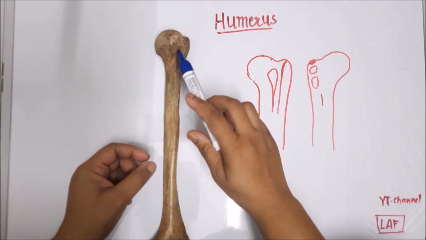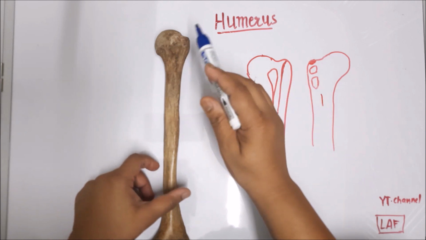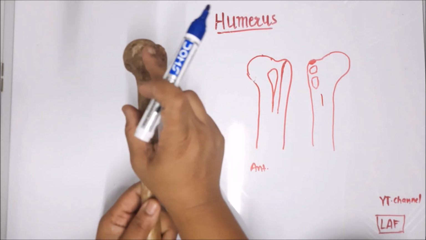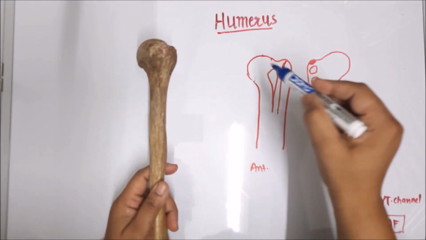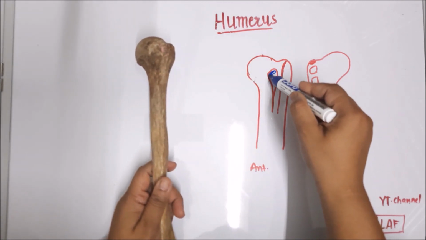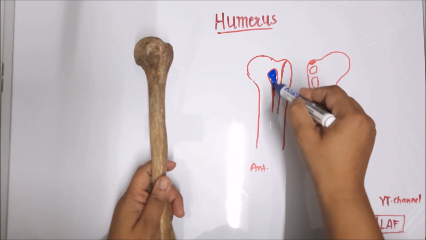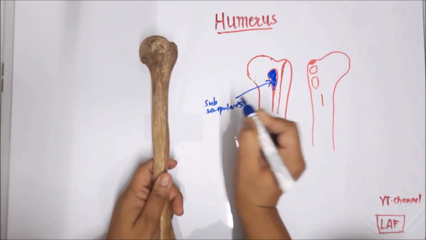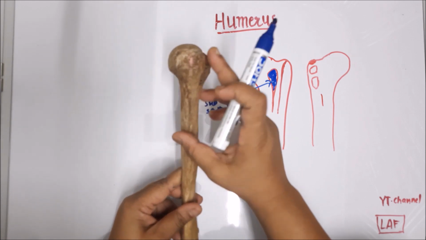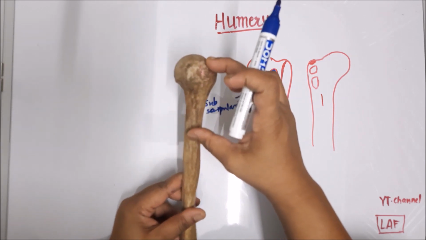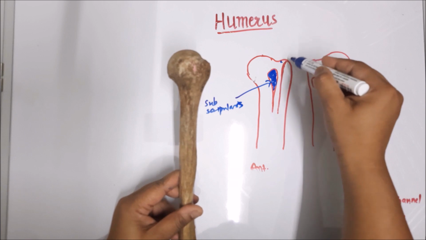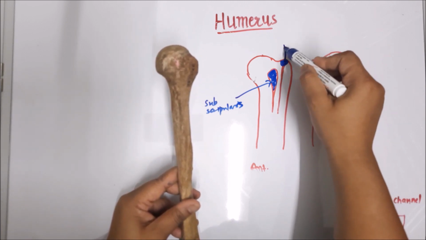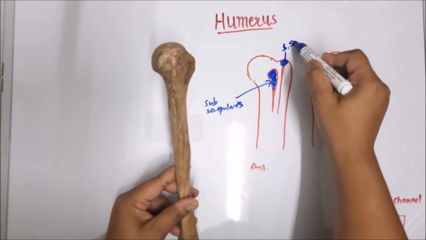First insertion at the lesser tubercle, here at this point. The lesser tubercle receives the insertion of the subscapularis muscle. Then on the greater tubercle, at the upper impression, there will be the supraspinatus muscle.